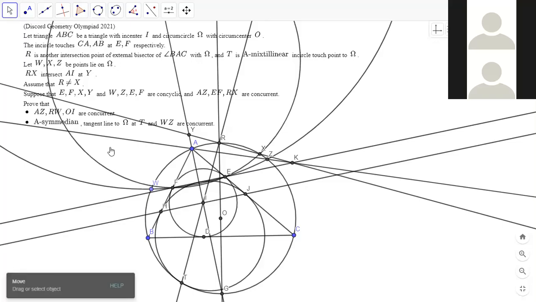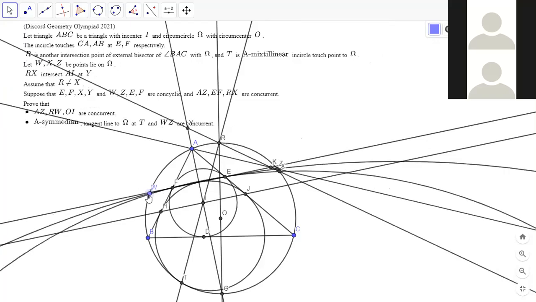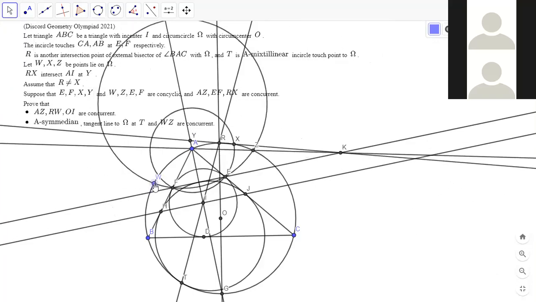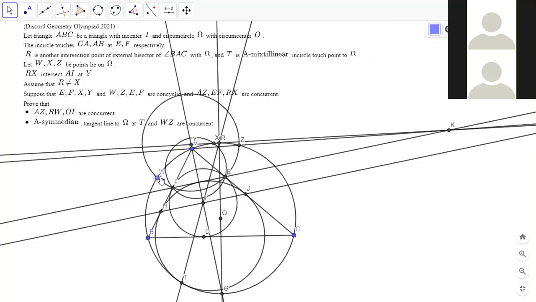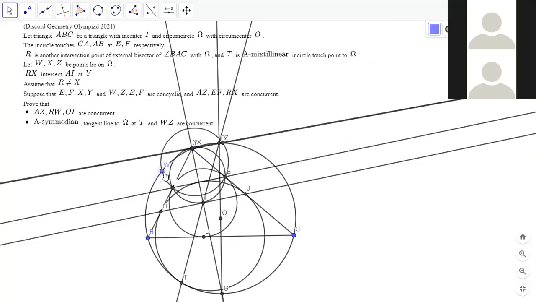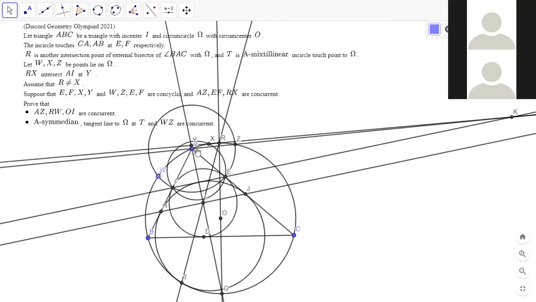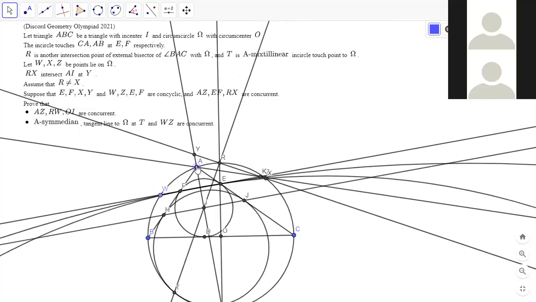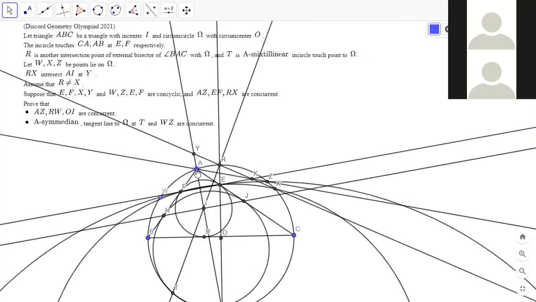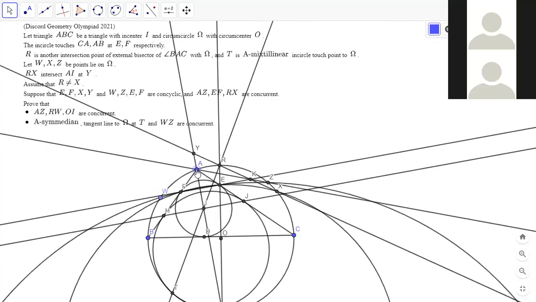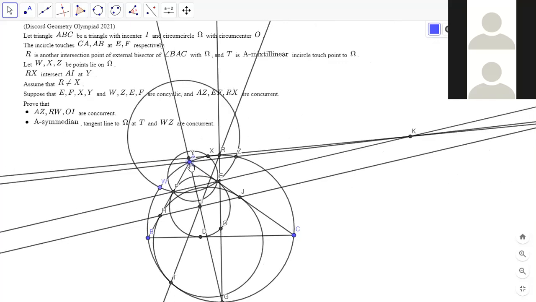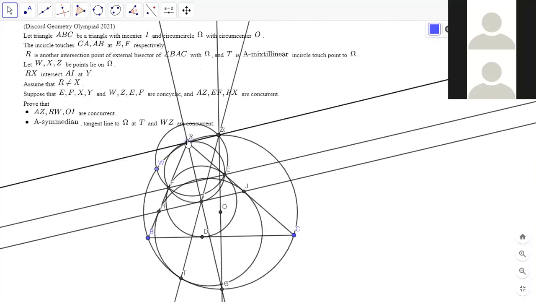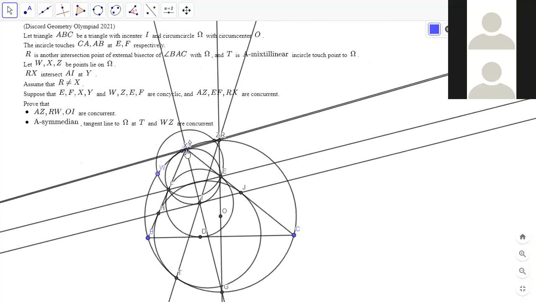So I'm going to try to move W around. I don't know if I want to make the triangle taller, maybe. Yeah, taller is better, I guess.